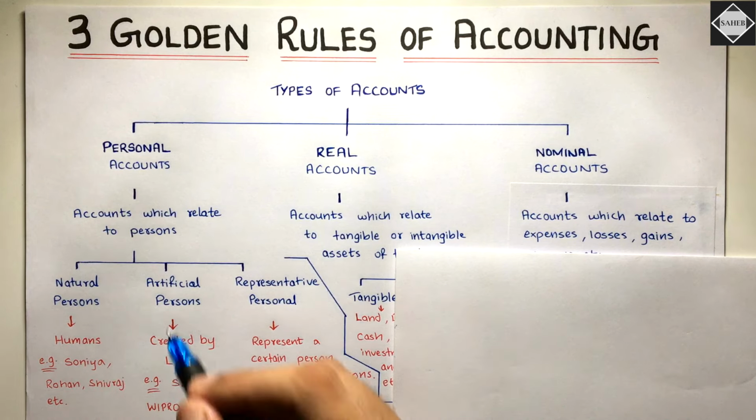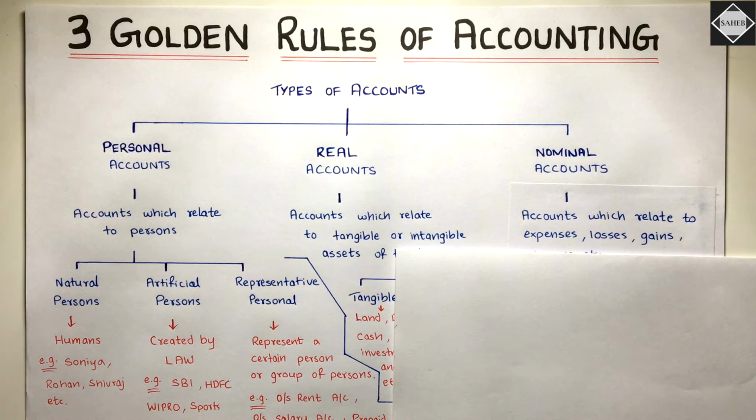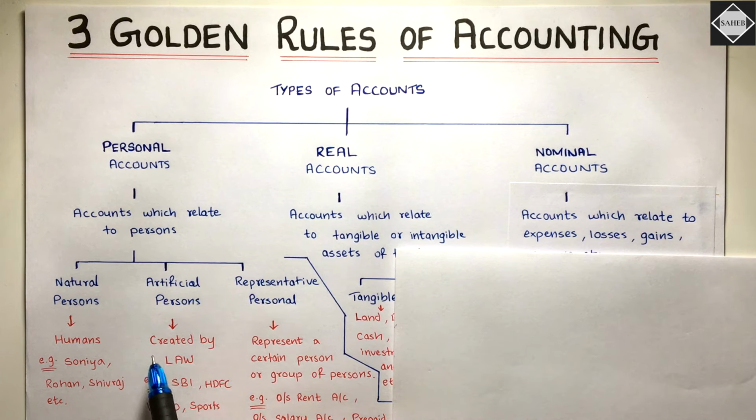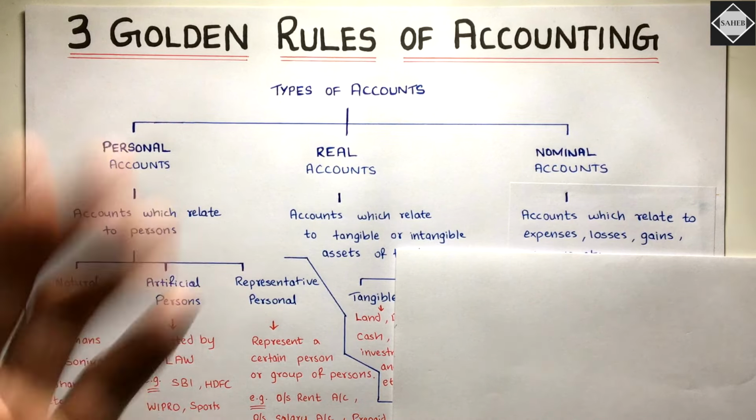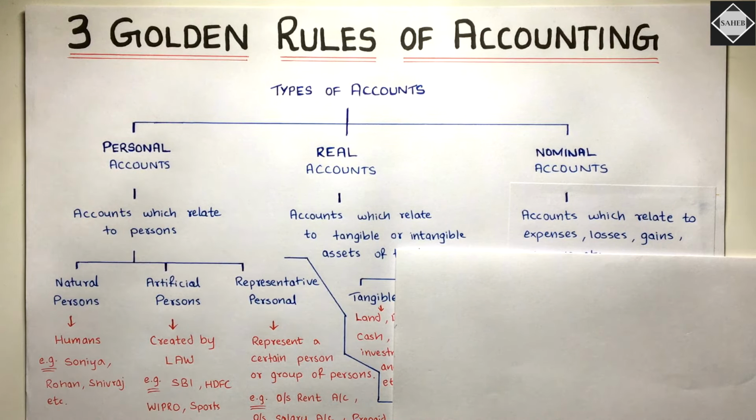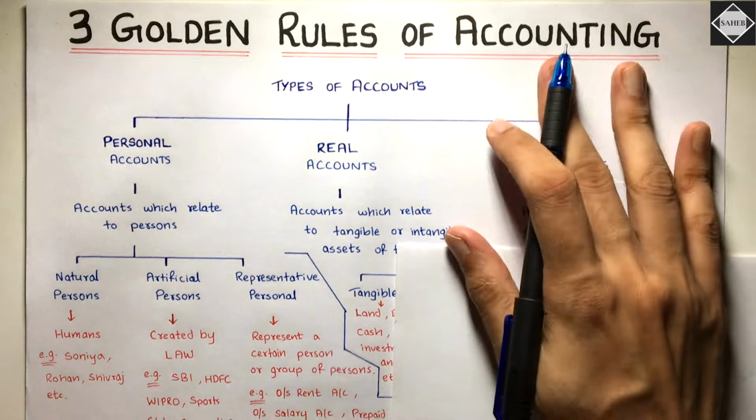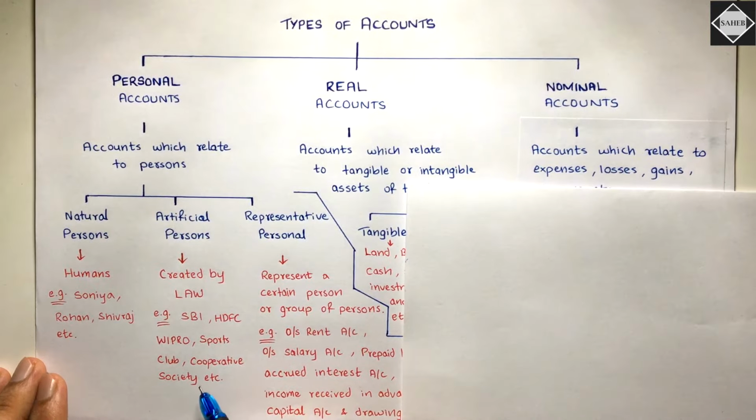That's the rule. Then we have artificial persons. Now what are these artificial persons? Artificial persons are the entities that are created by law, such as banks, SBI, HDFC, Kotak Bank, right? Wipro company, Infosys company, joint stock companies also come under this. A sports club, and then a cooperative society.